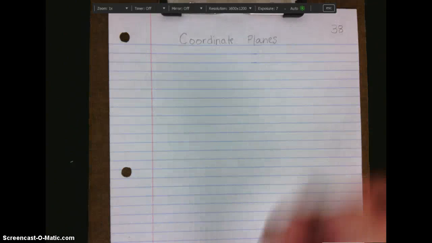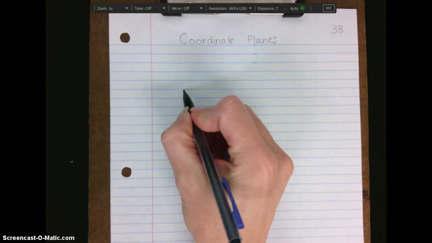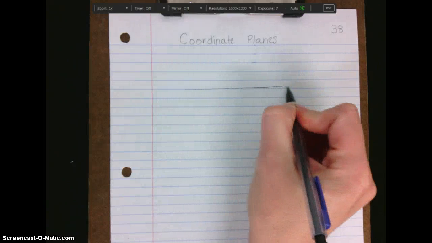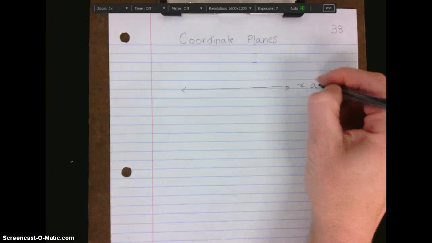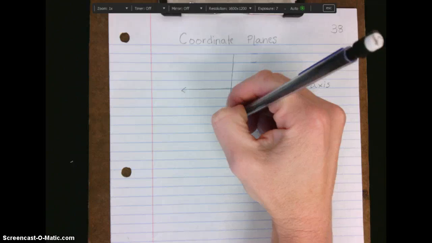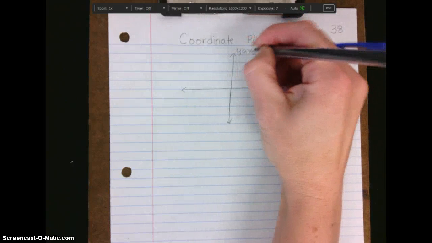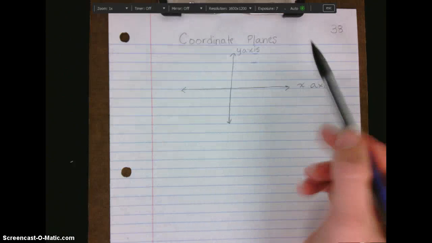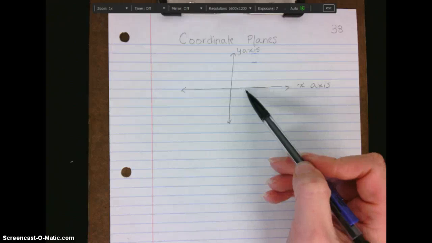Coordinate planes are the intersection of two number lines. A horizontal number line, which we label our x-axis, and a vertical number line, which we label the y-axis. You might be familiar with using this first quadrant right here for any number lines and bar graphing.